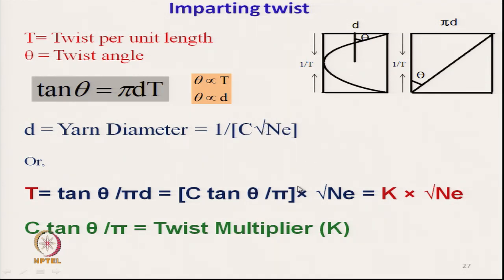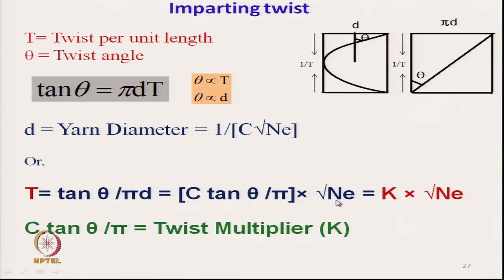Now, here tan theta equal to pi d T, so T equals tan theta by pi d, and from there we are getting one parameter which is exactly a constant parameter. Here actually d will be c by under root n.